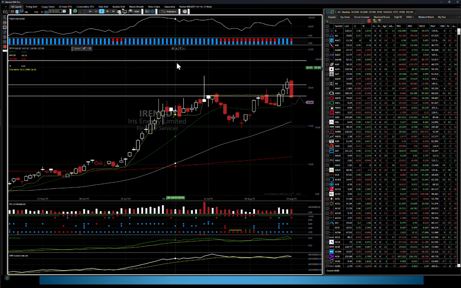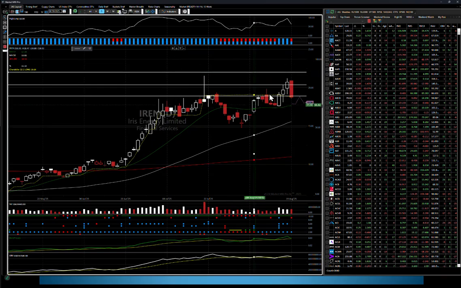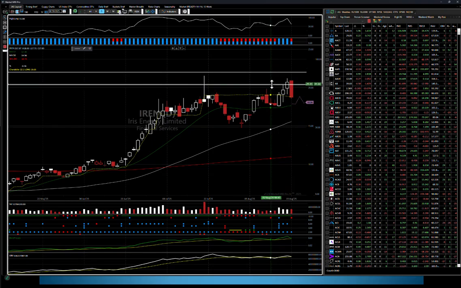When I hit that target, I'll probably take half off and move my stop up to where I bought it. When I've done that, I've put money in the bank. Unless I gap down and open below, I'll get closed out on the remaining half at what I paid for it.